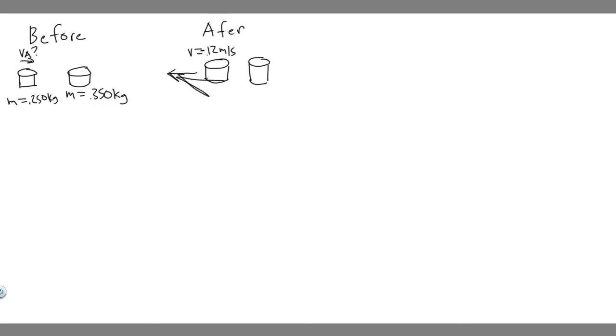Since it's going to the left, we say it's negative. To the right would be positive. Puck B is traveling to the right, so its velocity is positive 0.650 meters per second. The masses are the same, nothing changes about that. So it's going to hit, and then this one goes this way and this one goes this way.